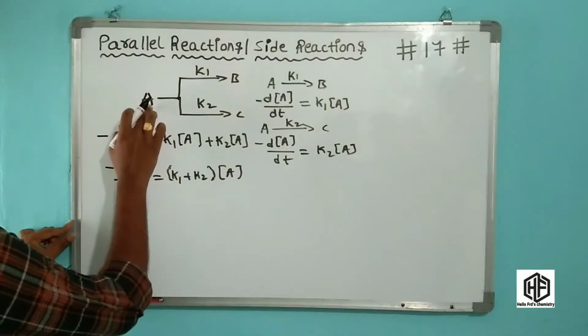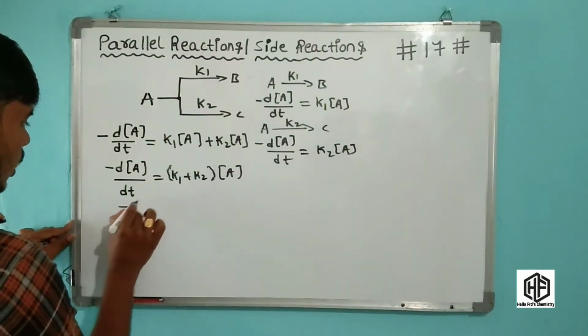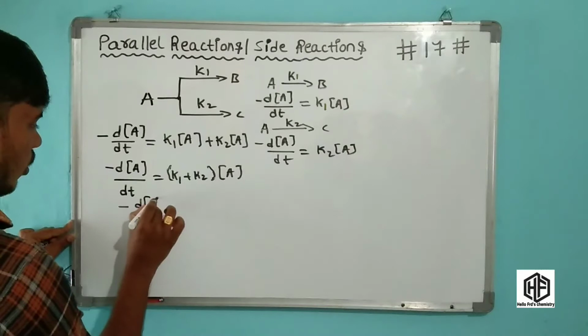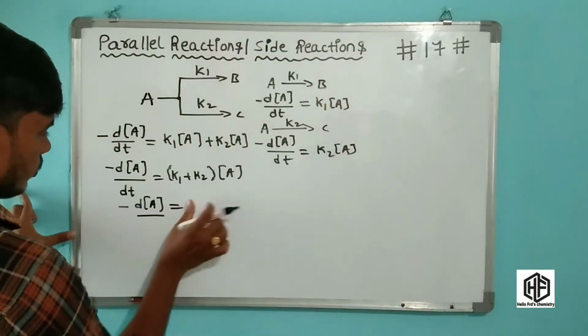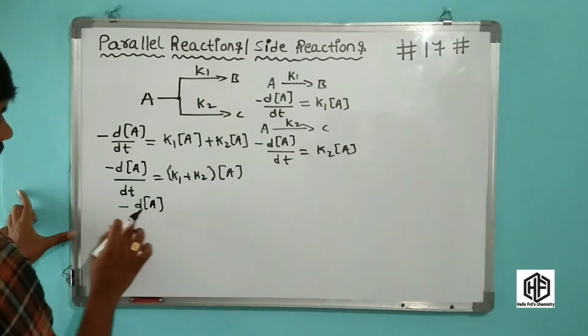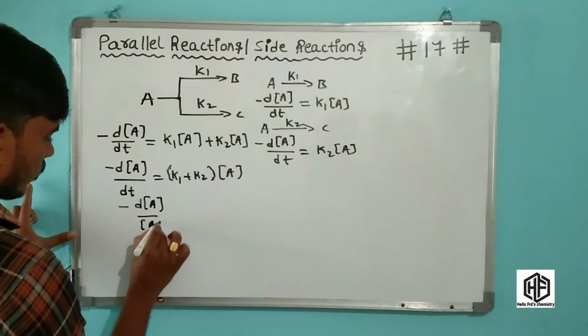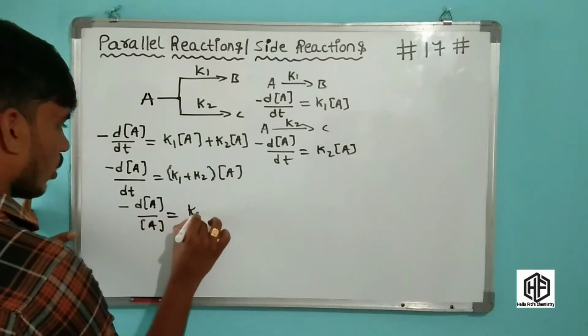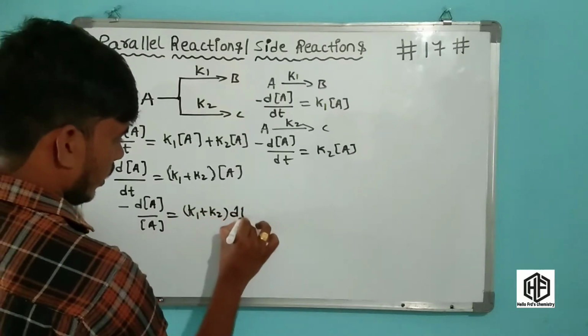With respect to the change in concentration of A versus time, rearranging gives minus d[A] by [A] is equal to K1 plus K2 into dt.